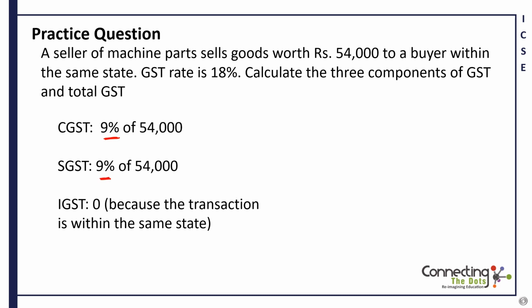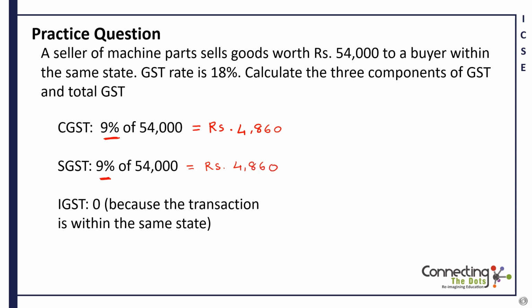So CGST gets 9% and SGST gets 9%. So 9% of 54,000 is rupees 4,860. And similarly, 9% of 54,000 here is also rupees 4,860.